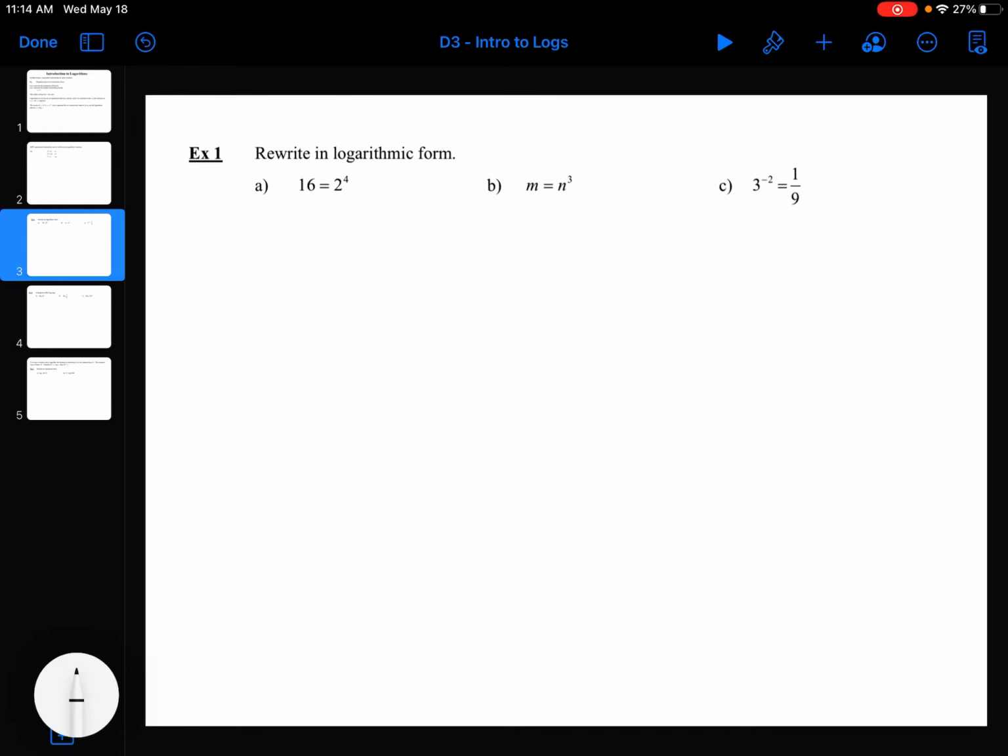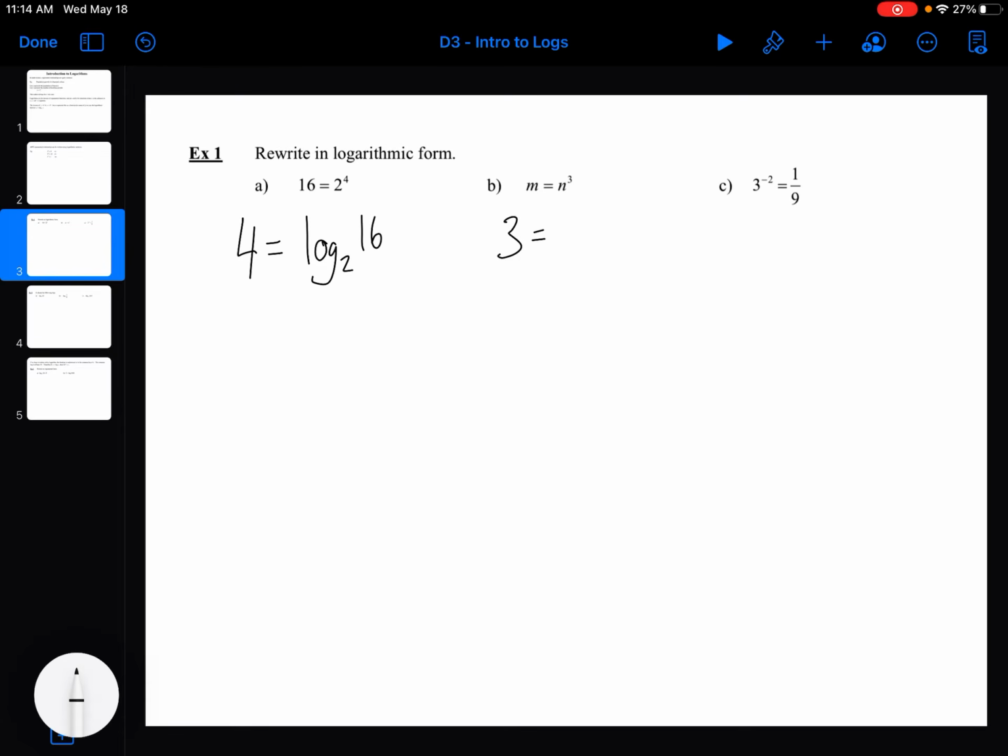Okay, moving on: write the following in logarithmic form. It's kind of the same thing, just a little bit of practice here. Again, we would have 4 equals log base 2 of 16, since 2 to the 4 equals 16. All right, same thing.